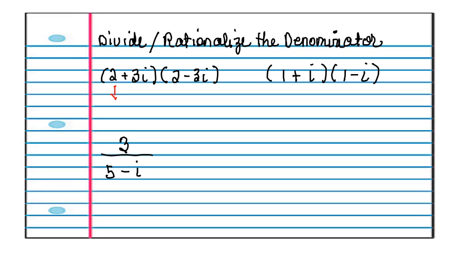So remember, it's always the first guy squared, which would be a 4, and then the last guy squared, which would be a 3 and an i squared, and a minus sign in between, which would yield for us a 4 minus a 3 times negative 1, or 4 plus 3 equals 7. Try another one. We would get 1 squared, i squared, which is a negative 1, minus sign in between gives us 2.